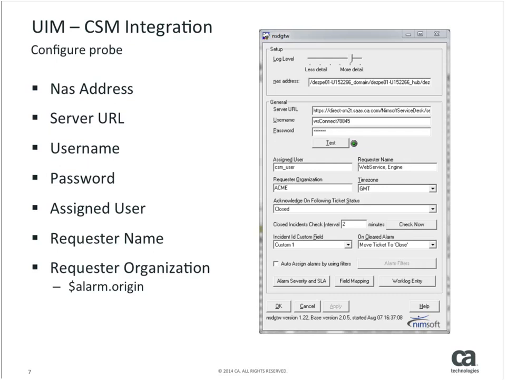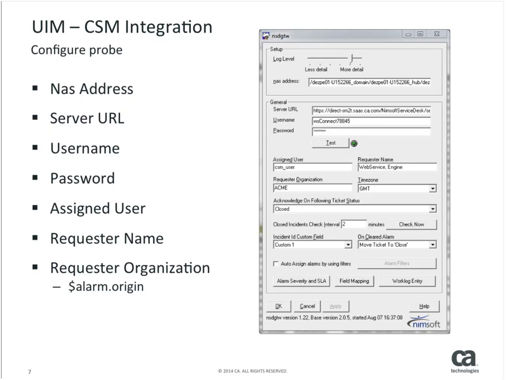Then we have the requester name, and we have to be a little bit cautious here, because you can see it is noted as last name, first name. So you have to put it in that exact same order, with a comma and a space. Otherwise, the NSD Gateway Probe will never find the correct user in CSM.